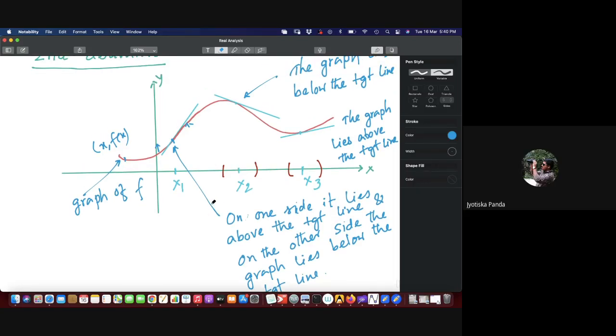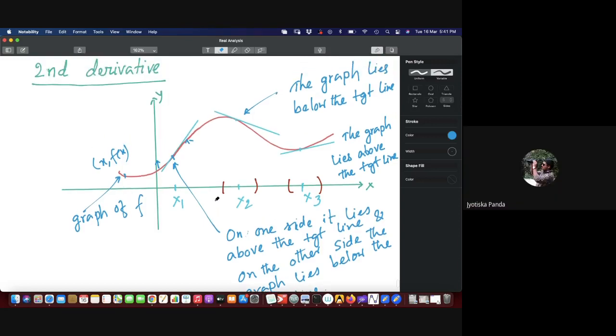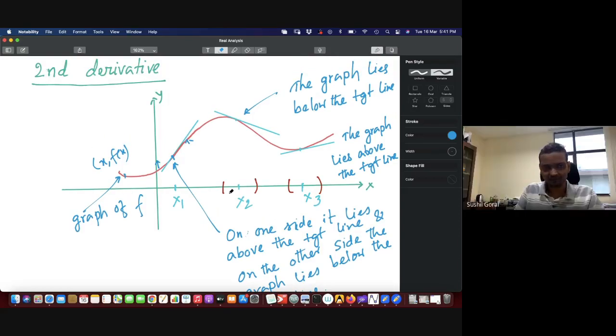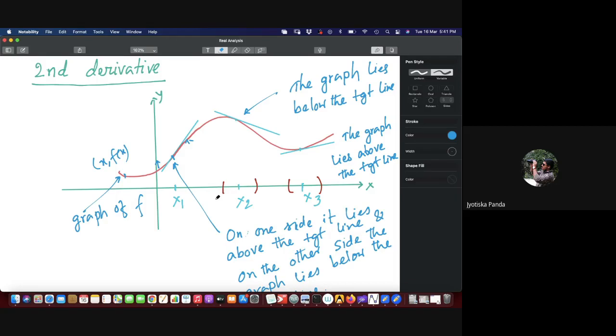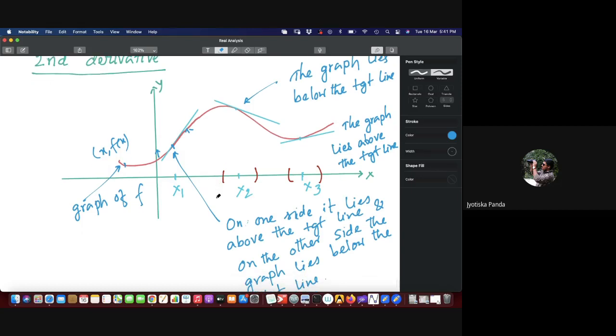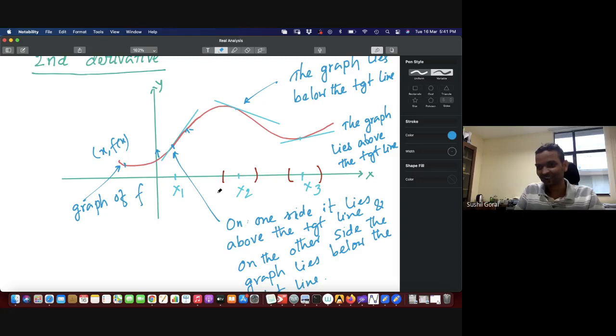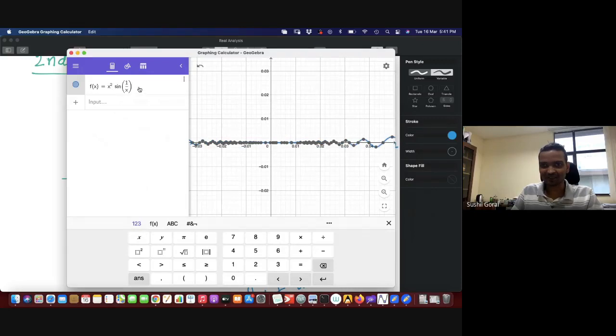In the x1 point, I think it should not be a tangent, because if the line intersects the curve, then it should be an intersection. Really? Let's look at a graph.